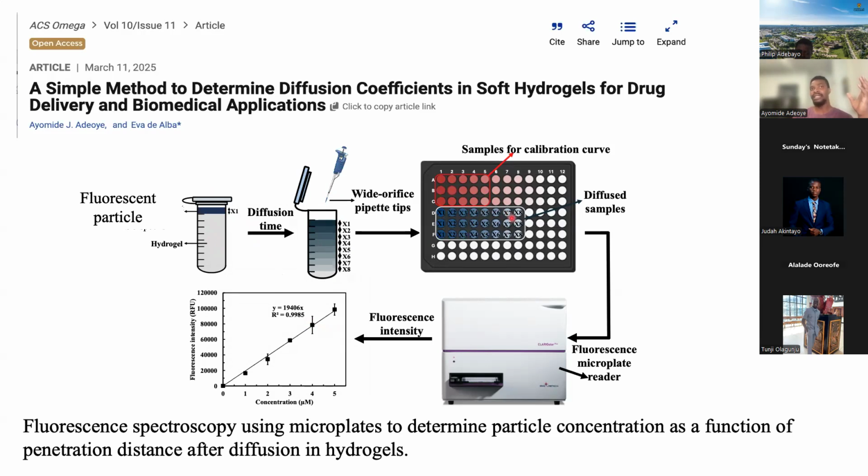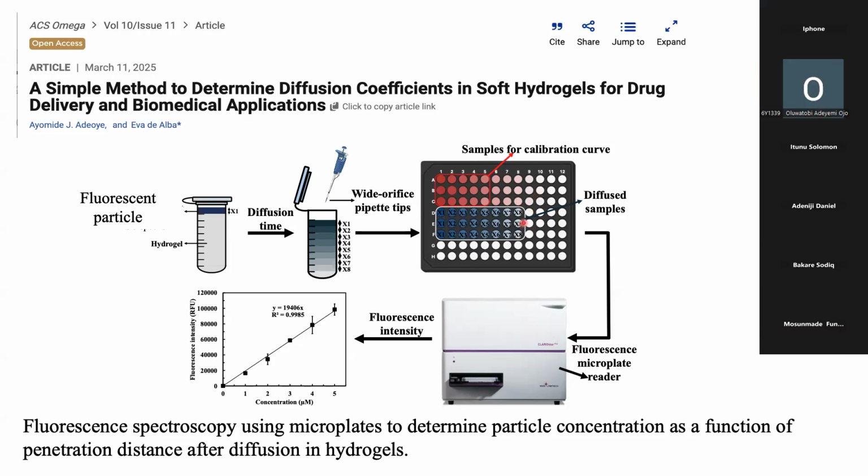And when I extract this into this plate, I also do some of this fluorophore as well. I also make some dilutions of this. Then from this, I use an instrument called a fluorescence microplate reader, which I use to determine the fluorescence intensity. And this gives an idea of, okay, this is how the drug diffuses through this hydrogel.